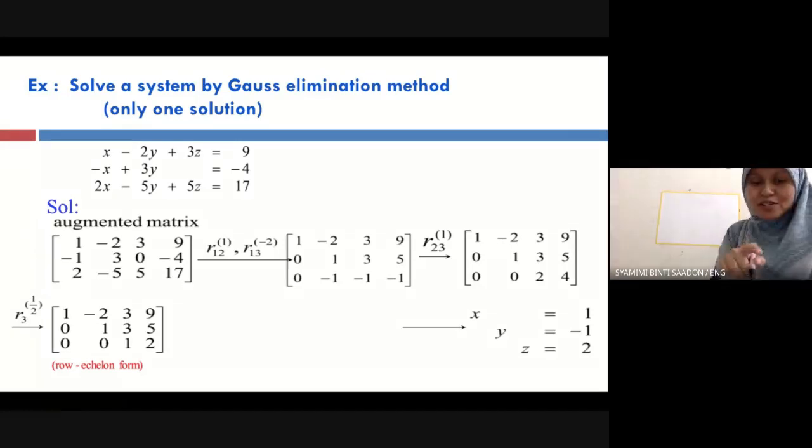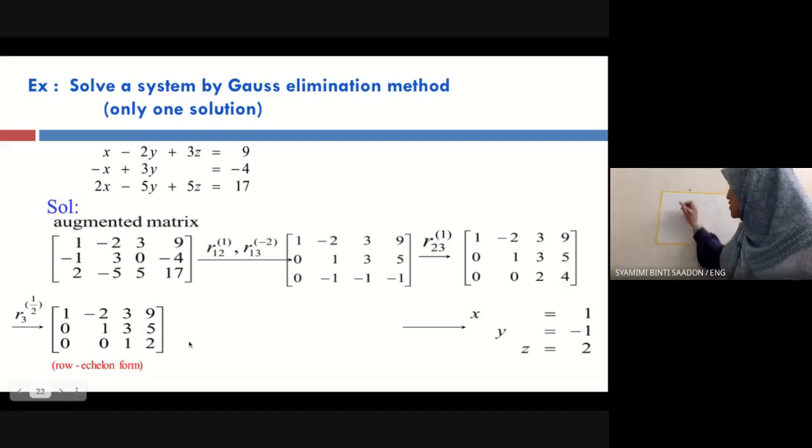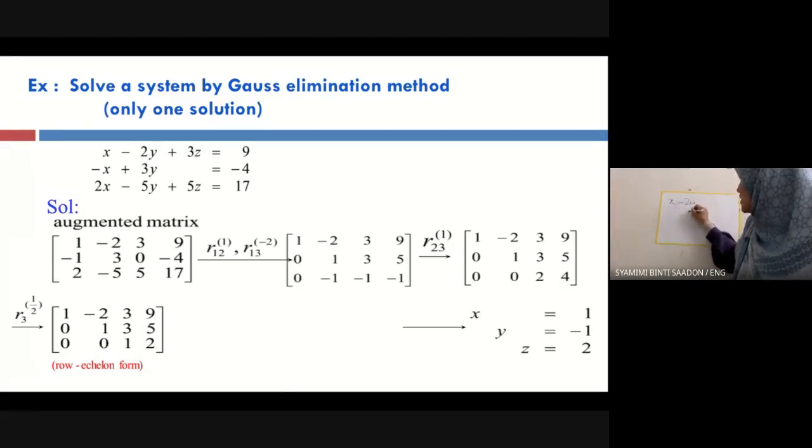So you have the matrix, and you just rewrite this matrix in terms of linear equations. You have X minus 2Y plus 3Z equals 9. The second one is Y plus 3Z equals 5. And the third one, Z equals 2.